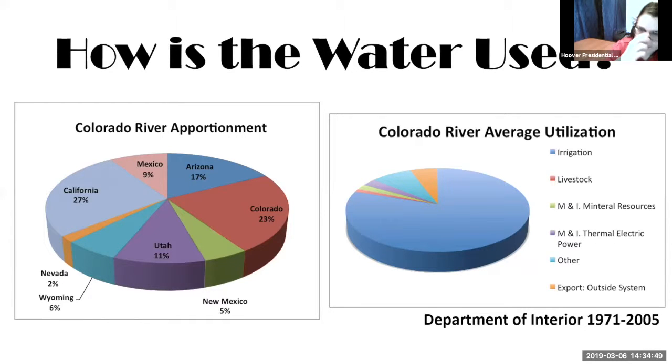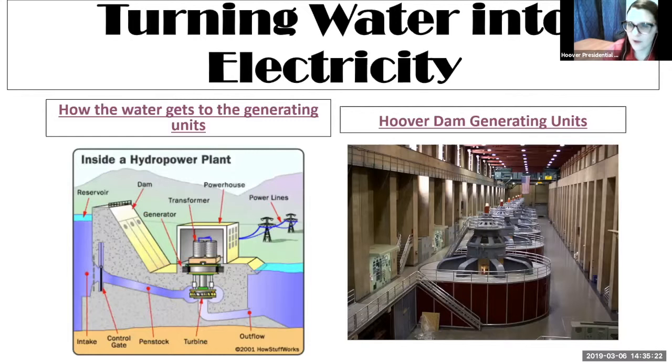I read recently that California is using all of the overflow water that other states are not using because they're in such a terrible drought and have been for quite a while. And then you can see what they're using it for. Mostly it's being used for irrigation. So that means watering crops or different lands and stuff like that. Livestock being another part of that. Mineral, thermal, electric, other, and then it says outside systems as well.